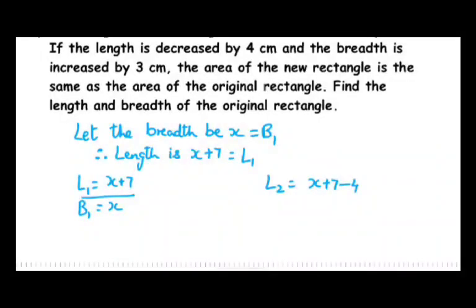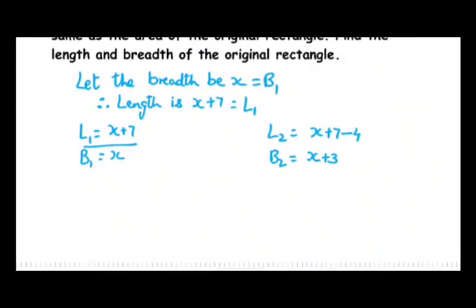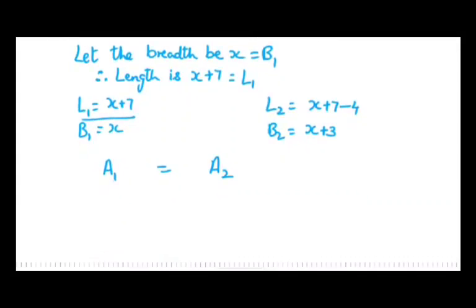And the breadth is increased by 3. So the second breadth has to be increased by 3. What happens? The area of the new rectangle is the same as the area of the old rectangle. Okay, fine. So area of rectangle 1 is equal to area of rectangle 2, correct?